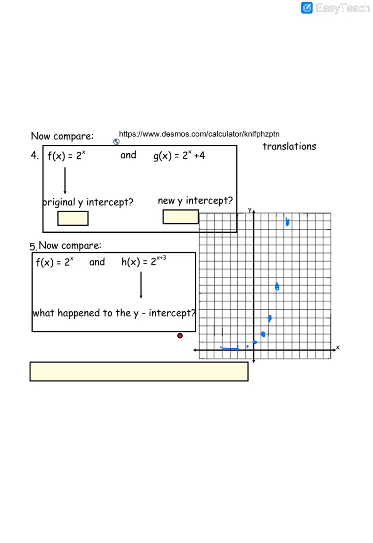Okay. So this was the parent function that you and I graphed in the do now. And I'm going to just call this f of x. What is your original y-intercept? 0, 1.